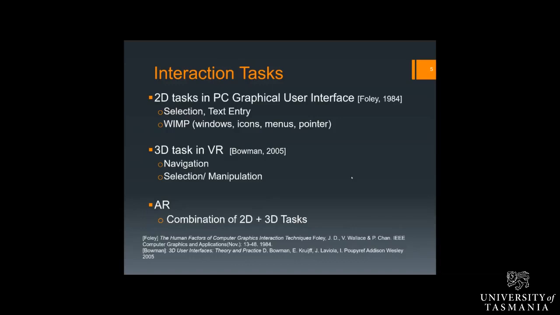There's navigation, selection, and manipulation, which we'll talk about today. And then we have AR, a combination of these 2D and 3D tasks, which is going to be interesting as well. So try to look for those. So AR is somewhat built on existing 2D and 3D tasks. The reference below is also useful to have a read.